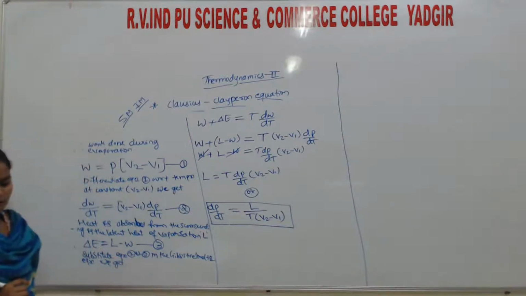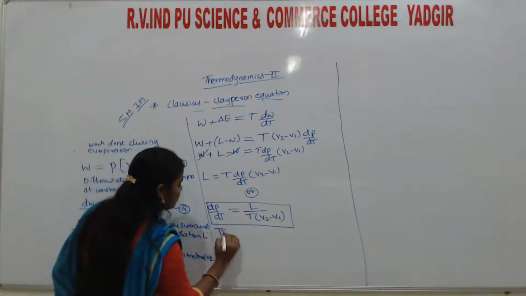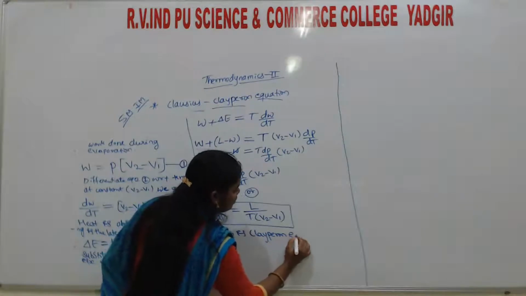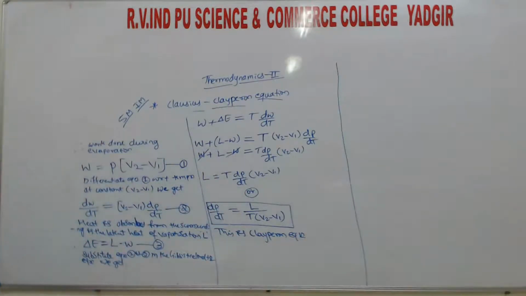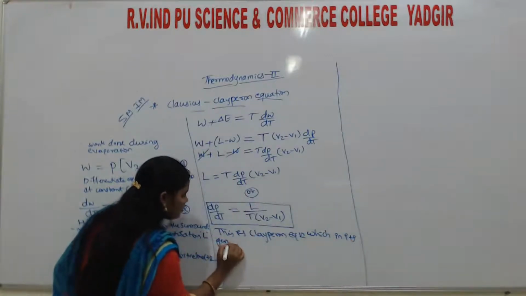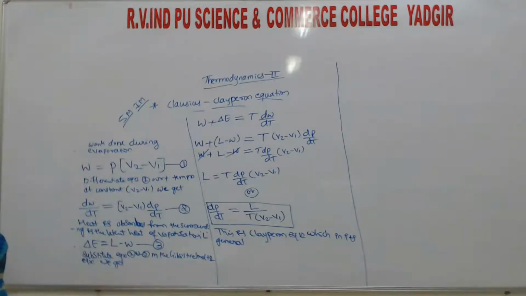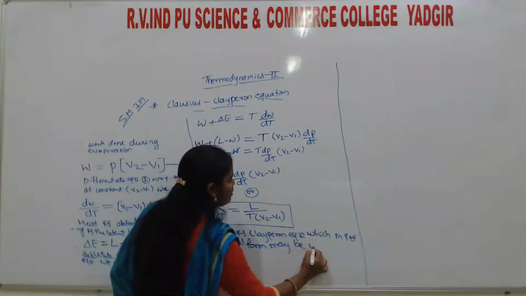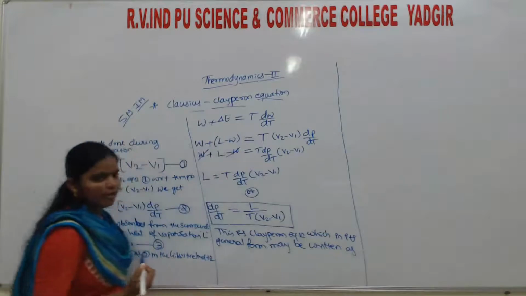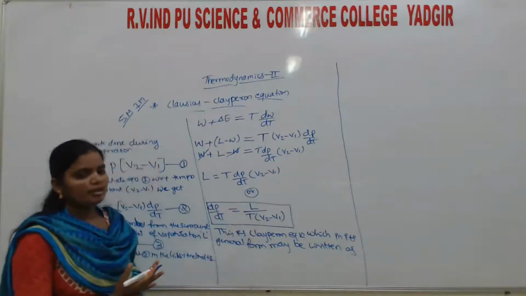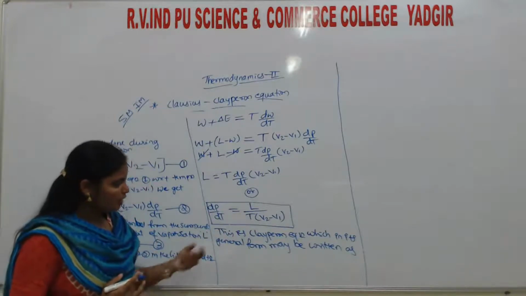In its general form it may be written as dP divided by dT is equal to delta H divided by T into V2 minus V1, where L is the latent heat and delta H is the change in enthalpy.